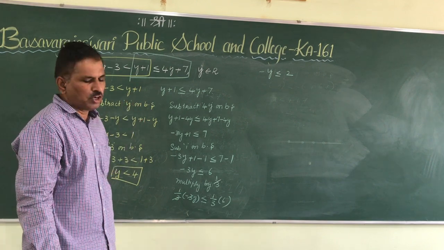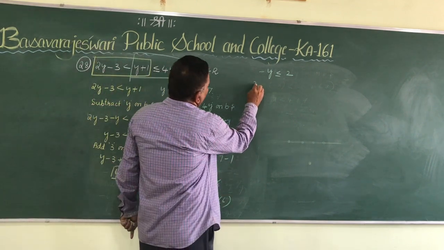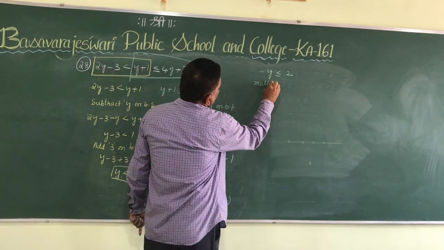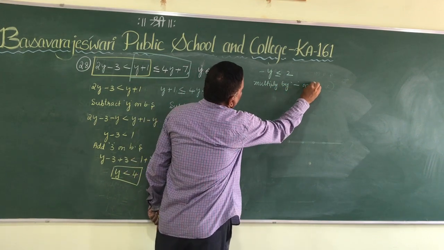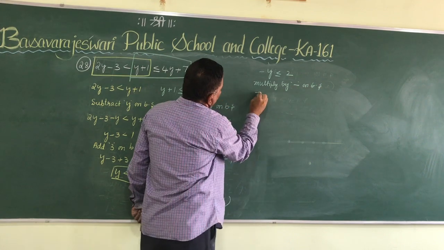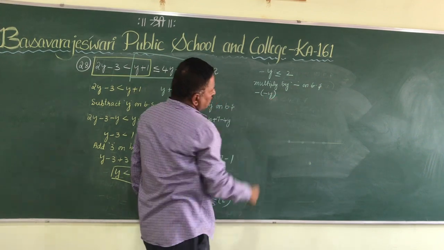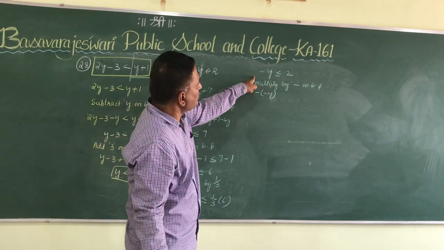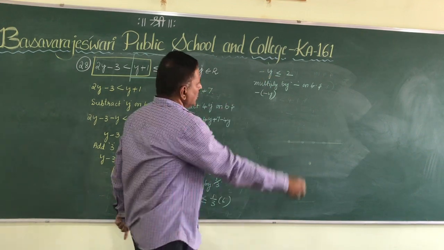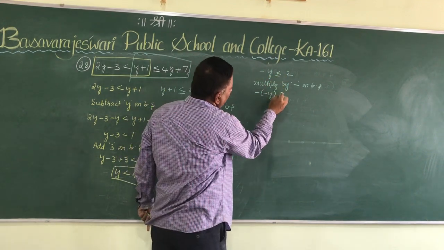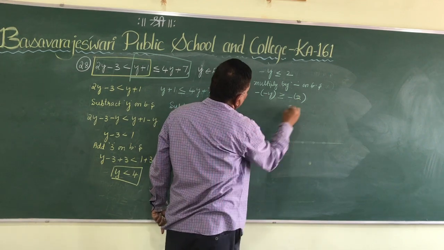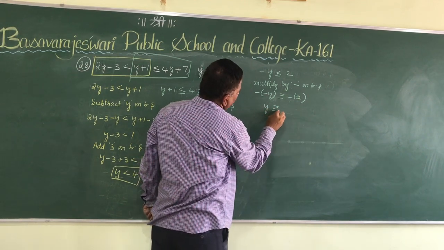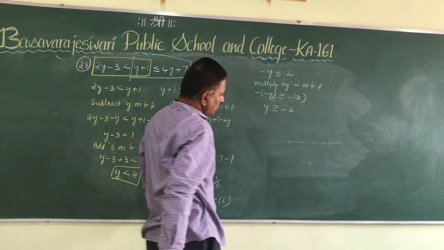To make it positive, we should multiply by a minus sign on both sides. So minus of minus y. When I multiply with a negative sign, the inequality changes. That means less than or equal will become greater than or equal, minus of 2. So therefore y is greater than or equal to minus 2.